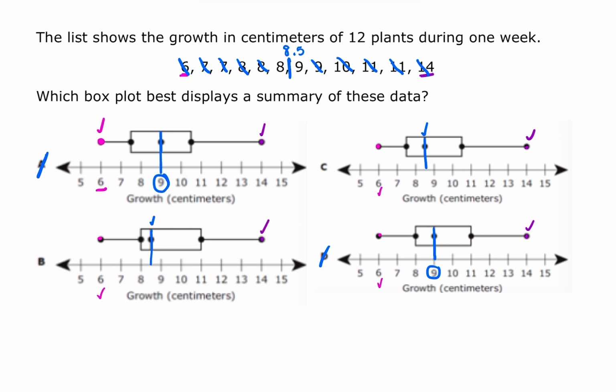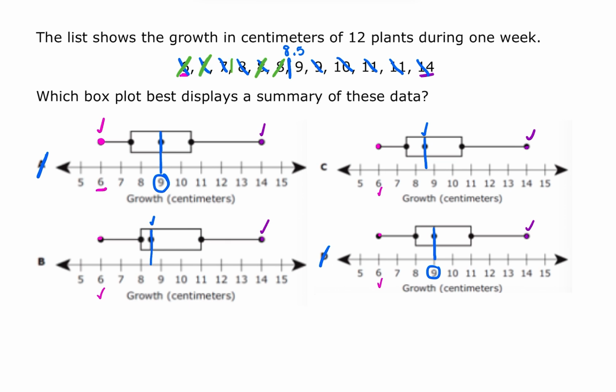So the next thing I can do, let's find Q1. So remember, we are going to ignore everything over here, and we are going to find the median of this. So now I'm going to use my mark outs in the opposite direction. So what I mean by that, like my 6, I'm going to go this way now. And notice this 8 right here still counts. So then 7, 8.